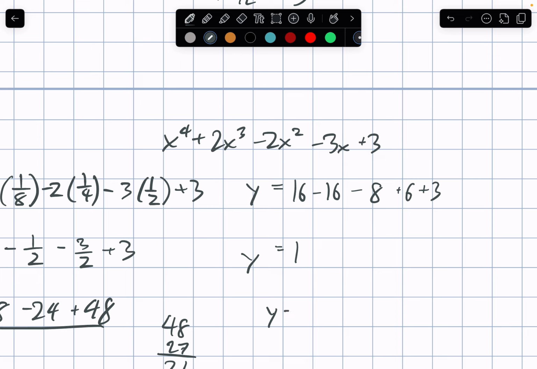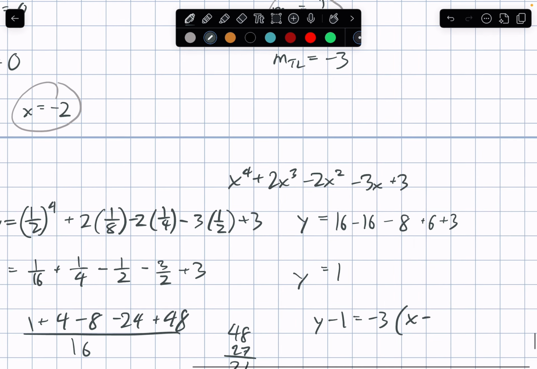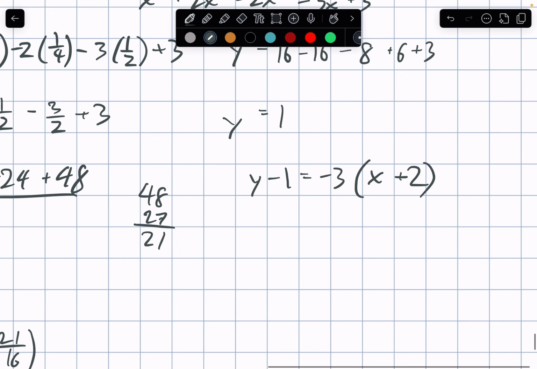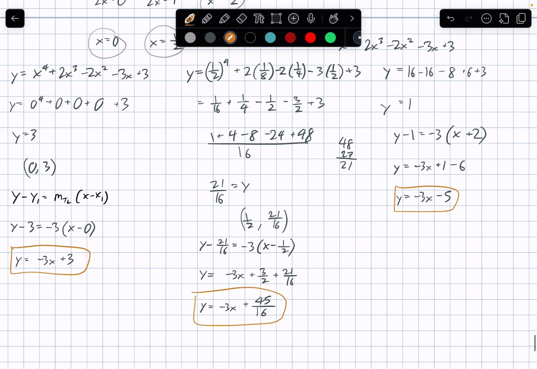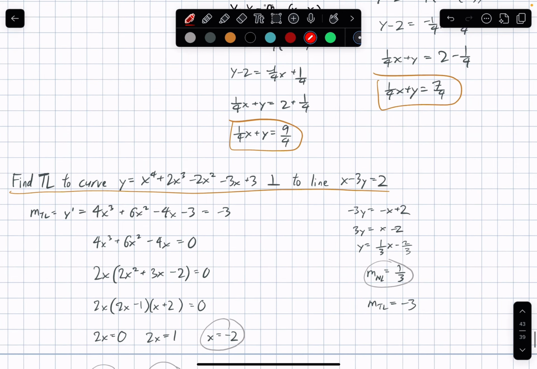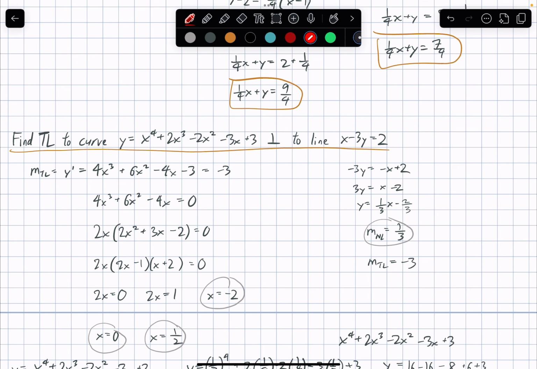So y minus y1 equal to the slope of the tangent line times x minus negative 2, or just x plus 2. Okay, that's it for this question. Next.